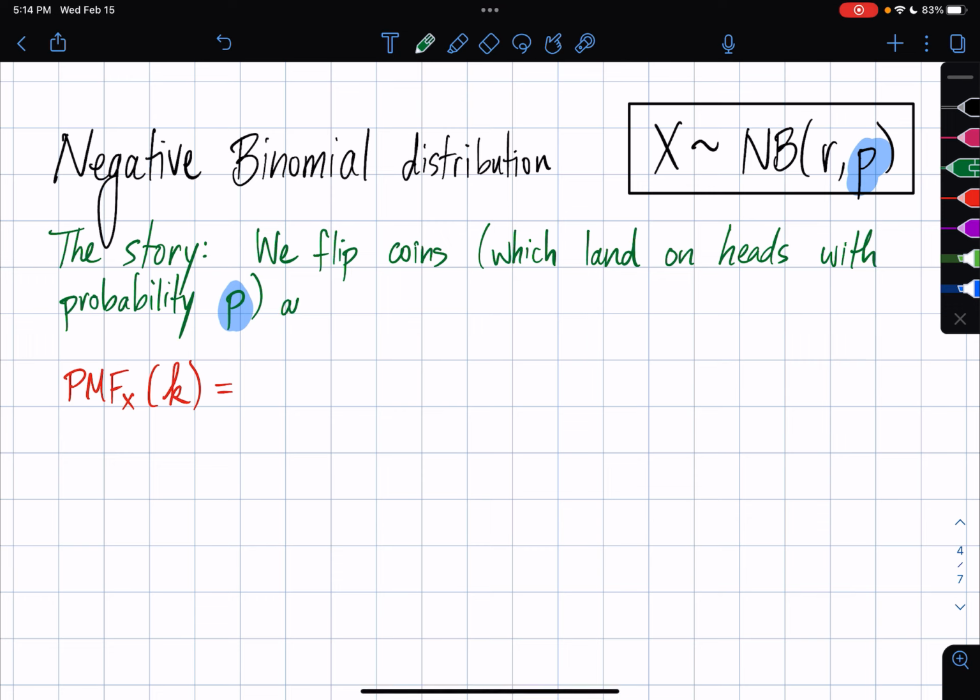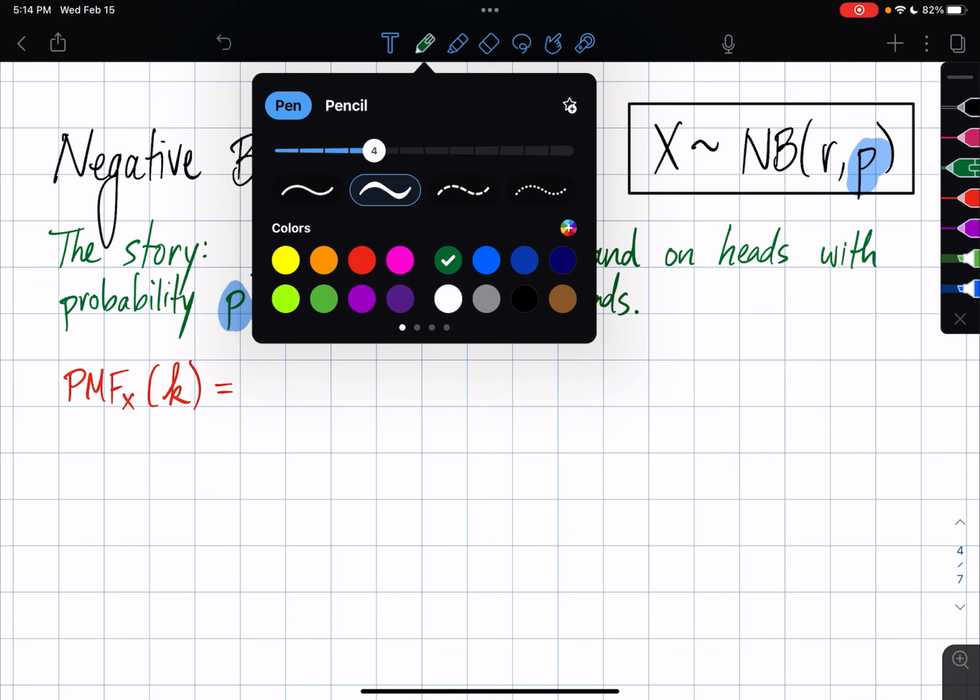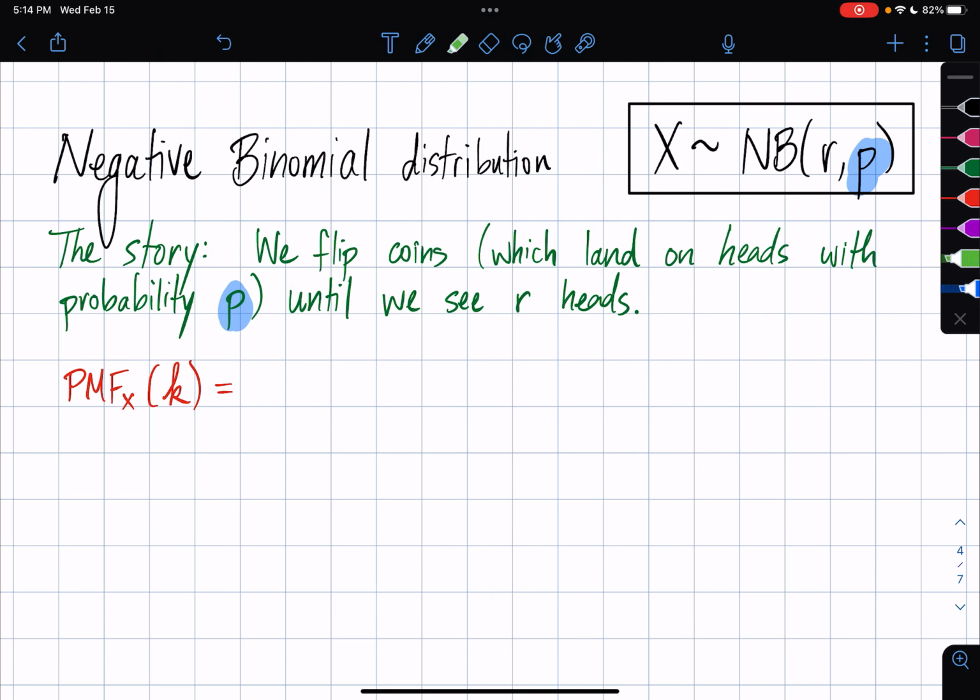Until we see R heads. All right, so let's make this buddy yellow, and this is our R here. So that's how our R and our P come into play.